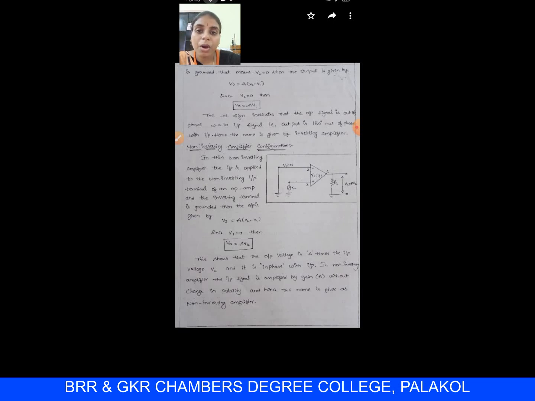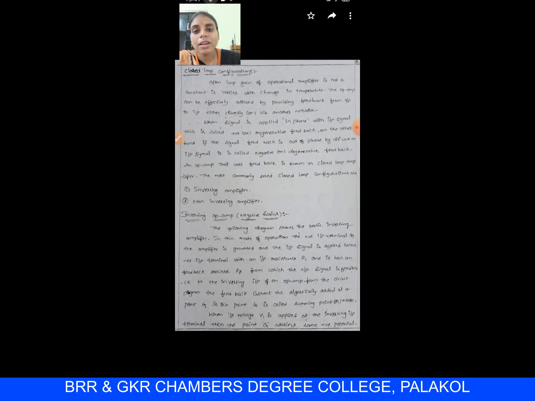If the input is given to the non-inverting terminal, there is no change in the phase at the output. That's why the configuration is named non-inverting amplifier configuration. These are the three types of configurations we are discussing.